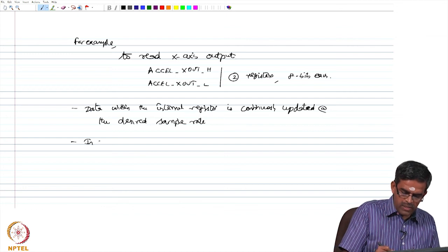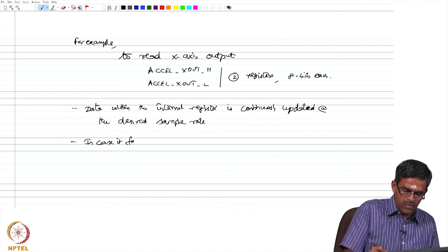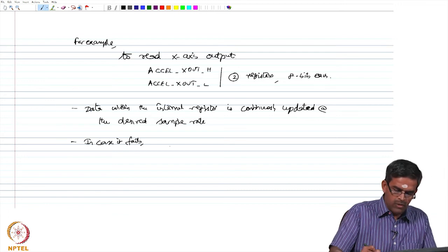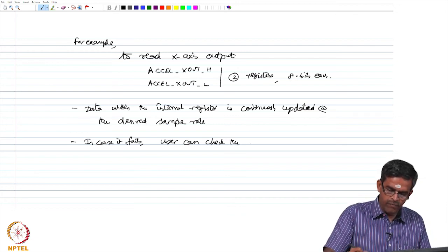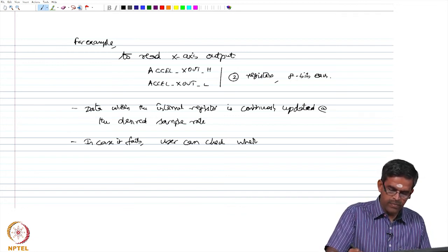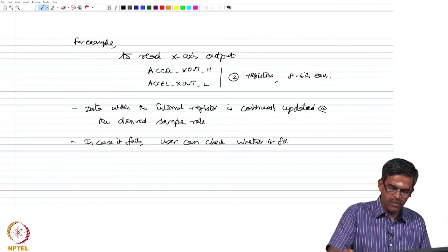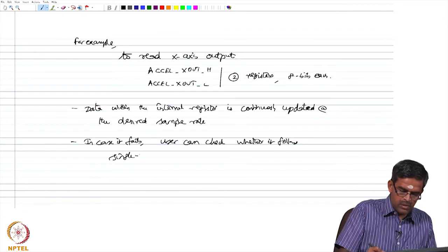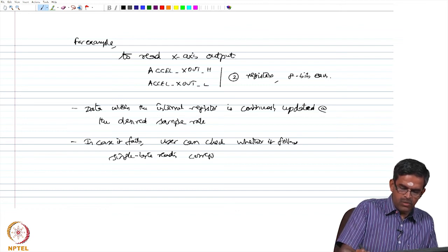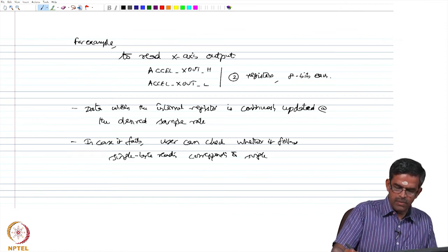In case it fails, user can check whether it follows a single byte reading corresponding to single sampling instant.